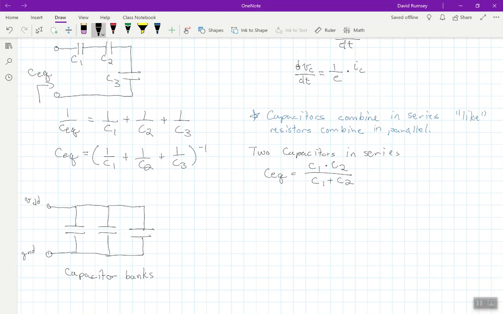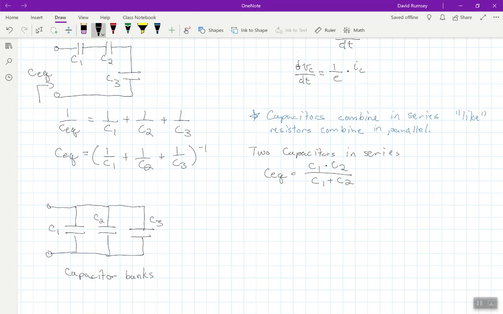We already talked about in a previous video one of the reasons why we do that, which is so that for integrated circuit chips we can get energy right next to the chip because the capacitor is going to store it. But these capacitor banks are also used to filter noise out of power signals, so you can have, again, what's called clean power. So these are very common things to see in circuit diagrams.